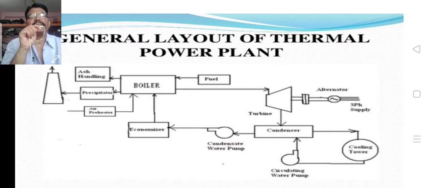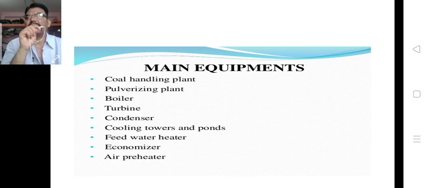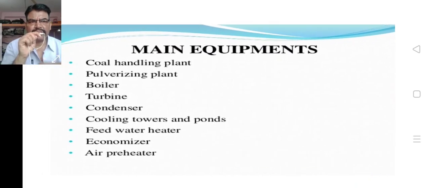So the air preheater and economizer are the accessories supplied to the boiler which increase the efficiency of the boiler, so that the mountings and accessories of the boiler are the main equipment which increase the efficiency of the whole system.